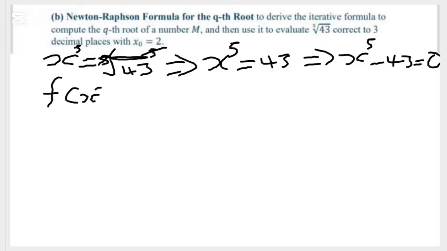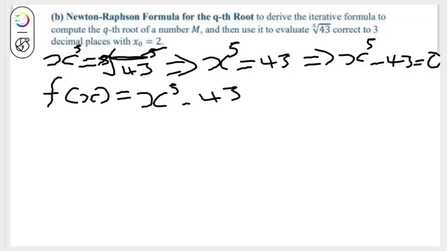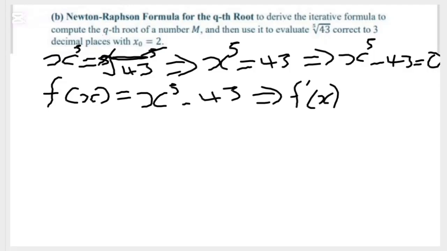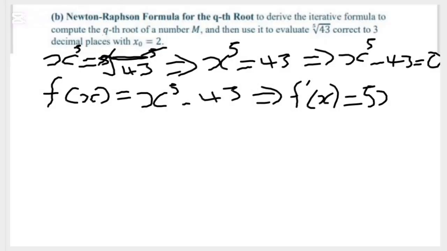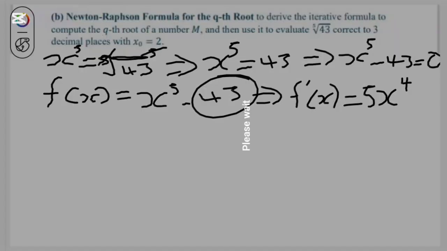The function f of x should now be x power 5 minus 43. And therefore I'll find the f prime, which is the derivative of the function. If I differentiate x raised to the power of 5, I'll get 5x power 4. But if I differentiate 43, the derivative of a constant is 0.